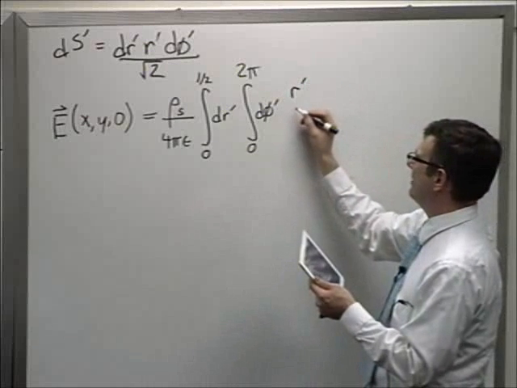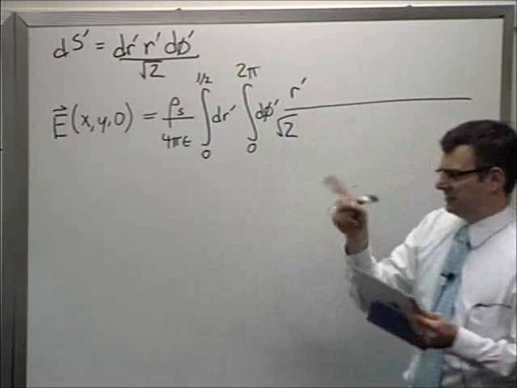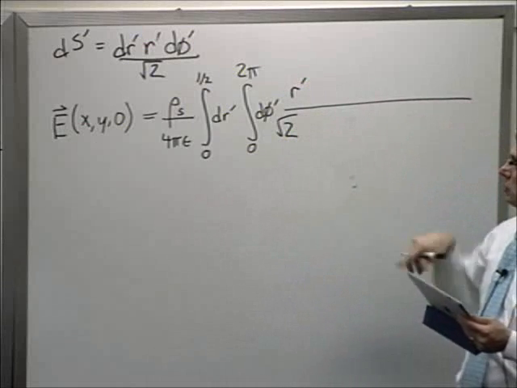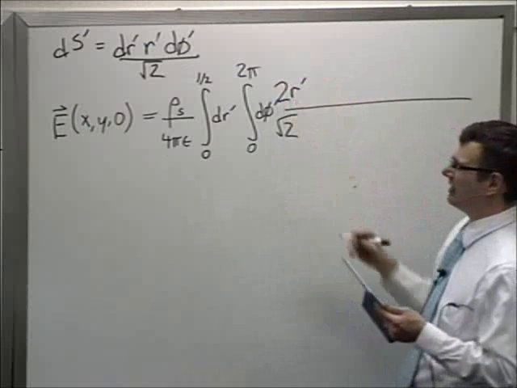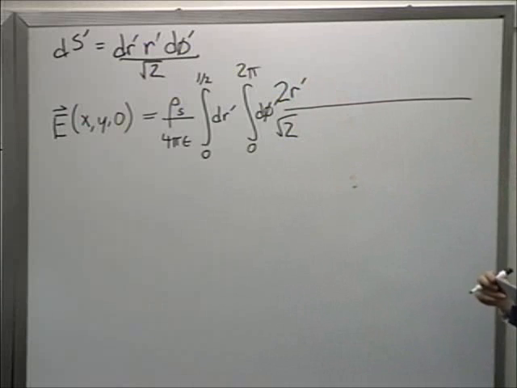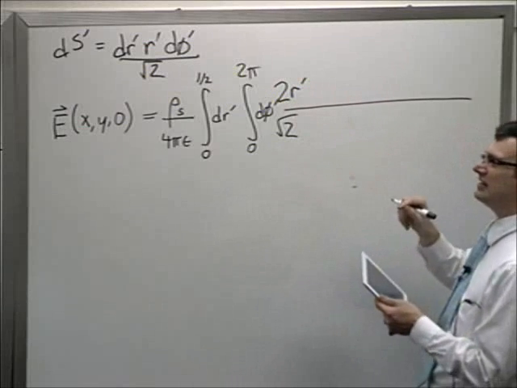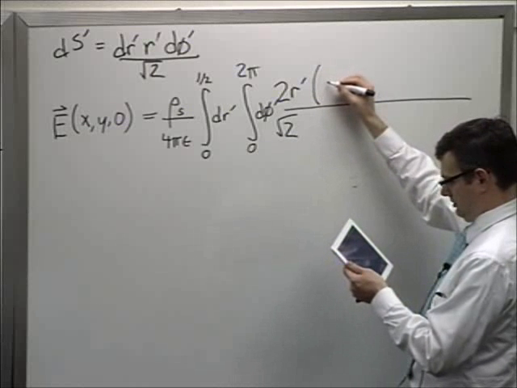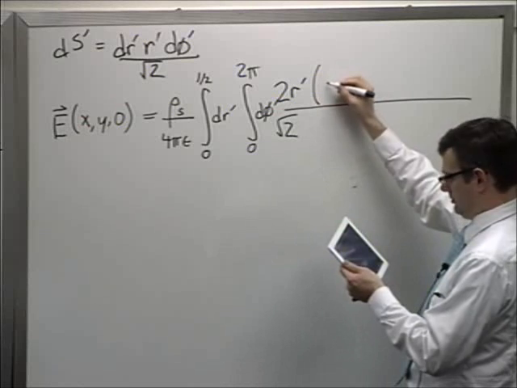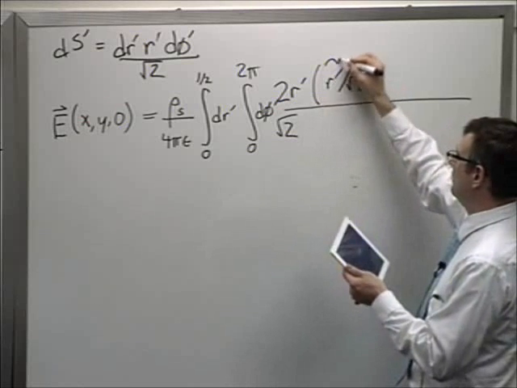And what I'm left with, let's see, I got to have an r prime here. I got to have a square root of 2 in the denominator. I'm going to take my two z components, which actually double up. So let's go ahead and put 2 there, because I'm going to combine the results of those integrals. And then what's left? Let's see, I've got r prime over the square root of 2.